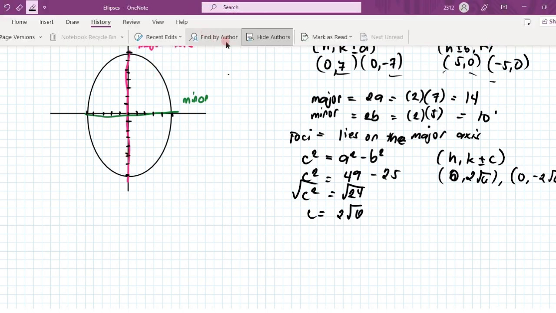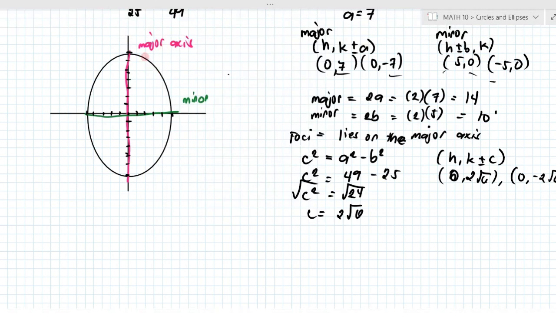Need to change the color of our pen. There we go. So here and here. That's our foci. Simple as that.